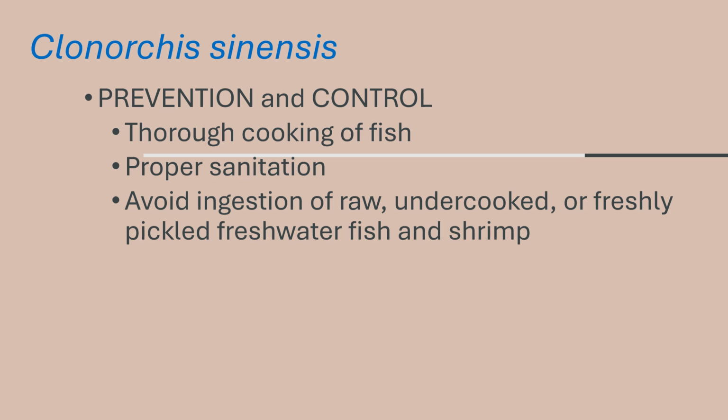Also, proper sanitation, and avoid ingestion of raw, undercooked, or freshly pickled freshwater fish and shrimp. Please note that Clonorchis sinensis infection is found in China, Japan, Korea, and Southeast Asia. But there are reported cases of opisthorchiasis in Davao.